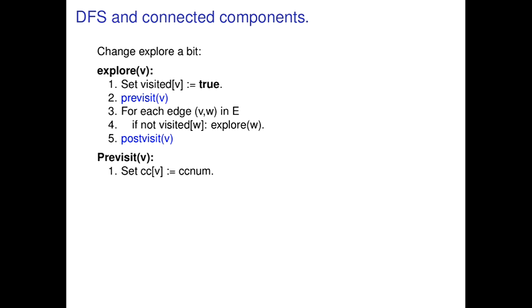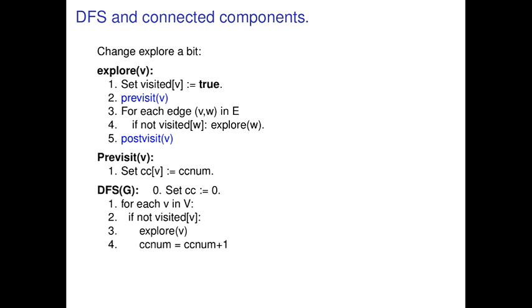And pre-visit will set the CC number. The output of this algorithm is going to label every vertex with its component number. So if you want to see if two vertices are in the same component, you see if they have the same number. For depth first search, for each vertex in V, if it's not visited, we explore V. That's what we saw before. Plus, every time we do one of these explores, we add 1 to the CC number.